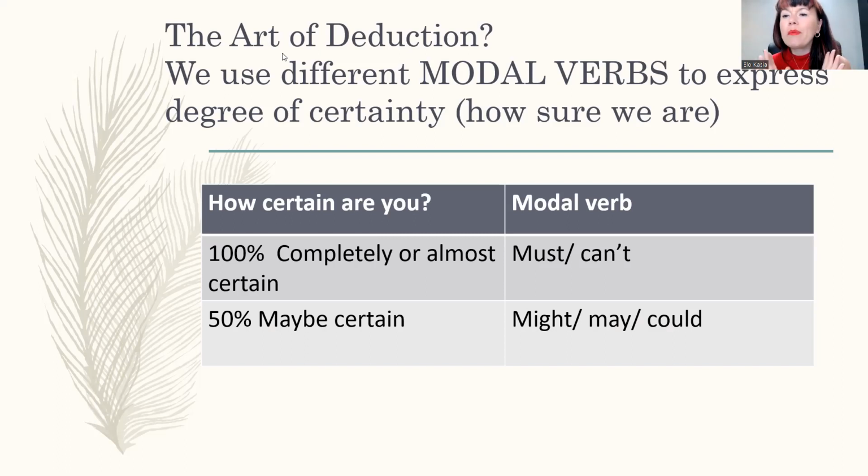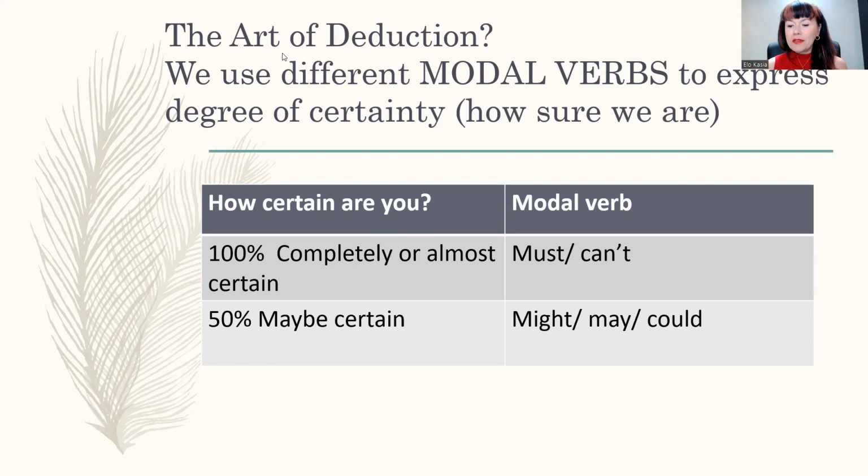And I'm going to show you plenty of examples of how these different modal verbs are used to make deductions. So imagine that you are a detective, and based on the information that you have, you make deductions.